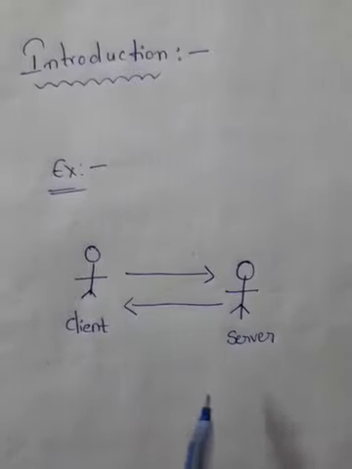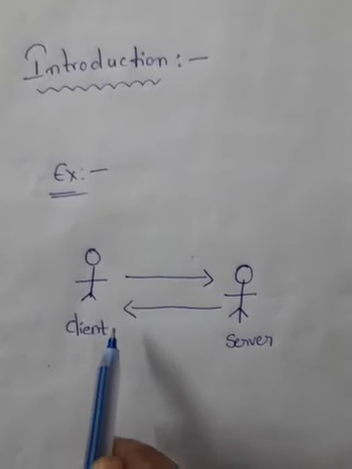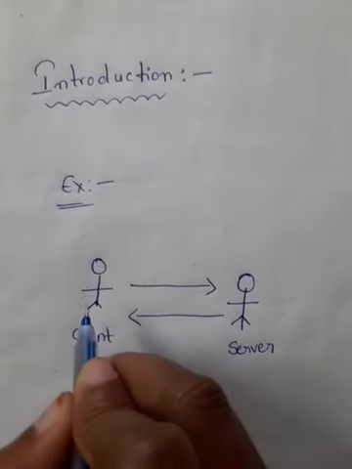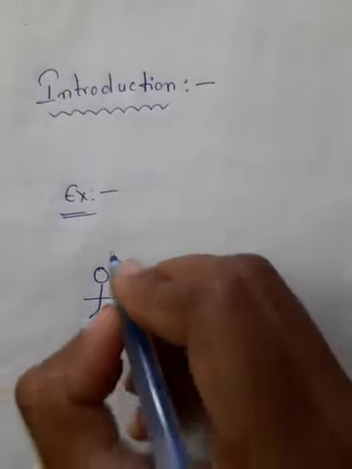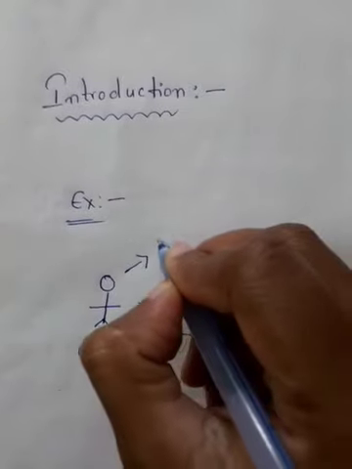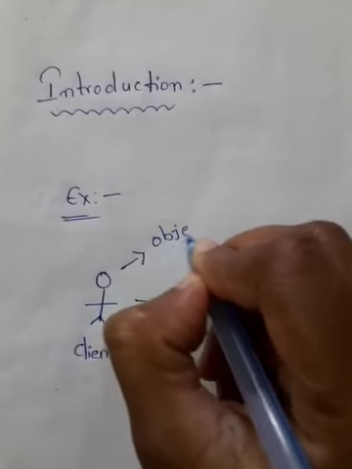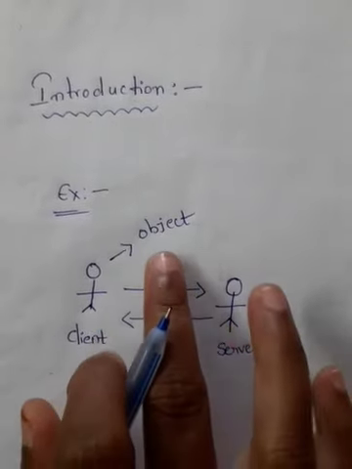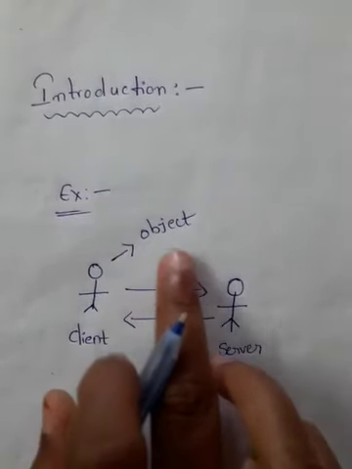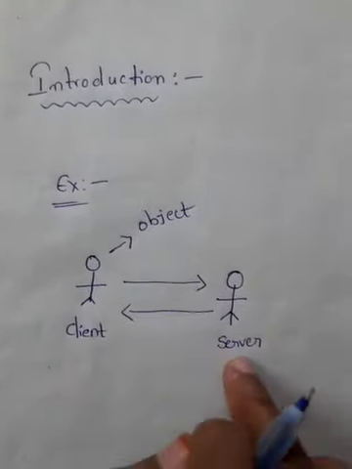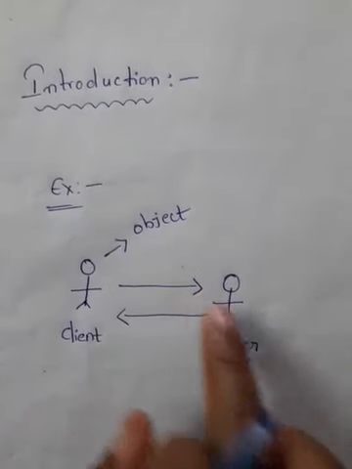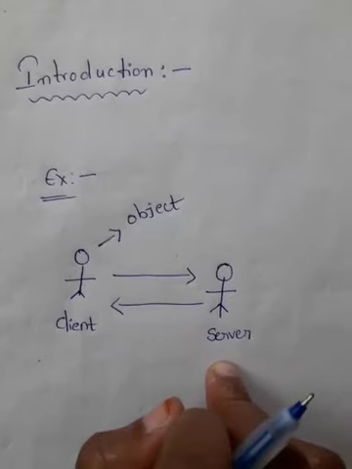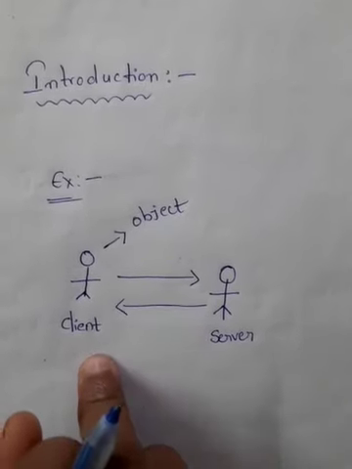The request is encapsulated as an object at the client side and forwarded to the server. If the server is able to handle the request, it will handle it and respond to the client.